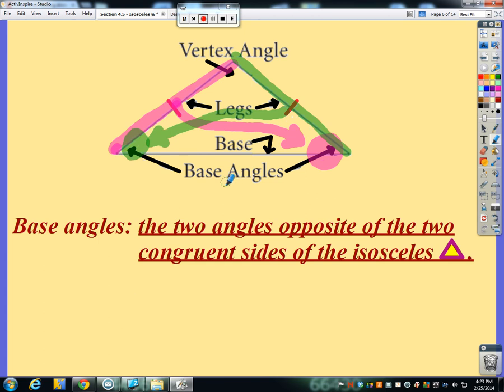Okay, so it's basically the 2 angles that's not the vertex angle, as another way to look at it. The base angles, another way to say it, would be the 2 angles that are adjacent to the base itself. Okay, the base is the included side between the base angles. So there's a few different ways we could interpret the base angles. The one that I want you to pay close attention to is that they are the angles opposite of our congruent isosceles sides here.